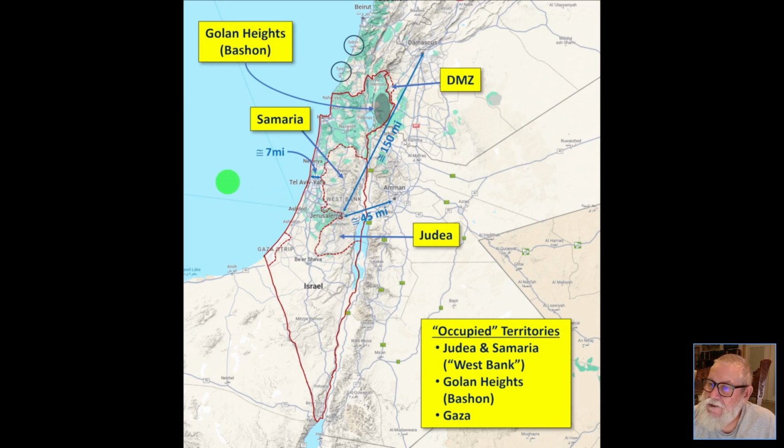The Jews, during the War of Independence, took the Temple Mount and the eastern portion of Jerusalem, but they weren't able to hold it. And so in the armistice, the east part of Jerusalem went to Jordan, and the west part of Jerusalem went to the new state of Israel.